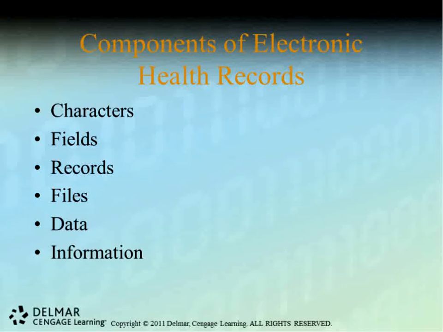That's a character. Now, a group of characters forms a field. All right? Then a group of fields forms a record. A group of records makes what we call a file. So it goes from a character to a field to a record to a file.